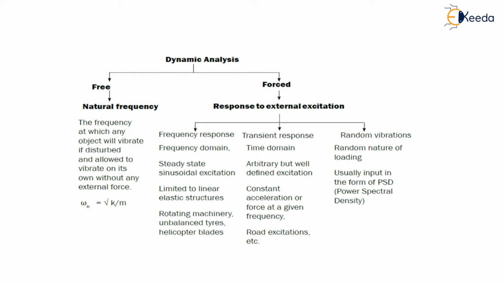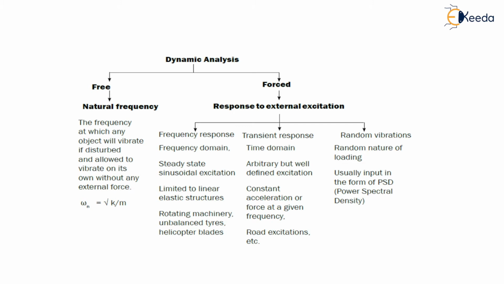Then random vibration is a random nature of loading, usually input in the form of PSD, that is power spectral density. So remember this. Now we will learn this further, once again with examples.